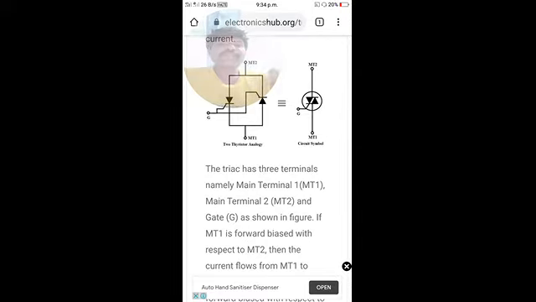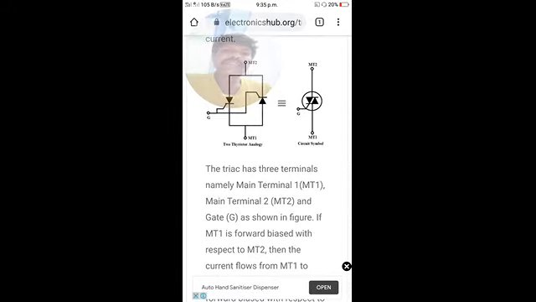So like this, the triac will conduct in the two directions: MT2 to MT1 when MT2 voltage is more than MT1, and MT1 to MT2 when MT1 voltage is more than MT2. So this is the operation of the triac with no gate voltage.